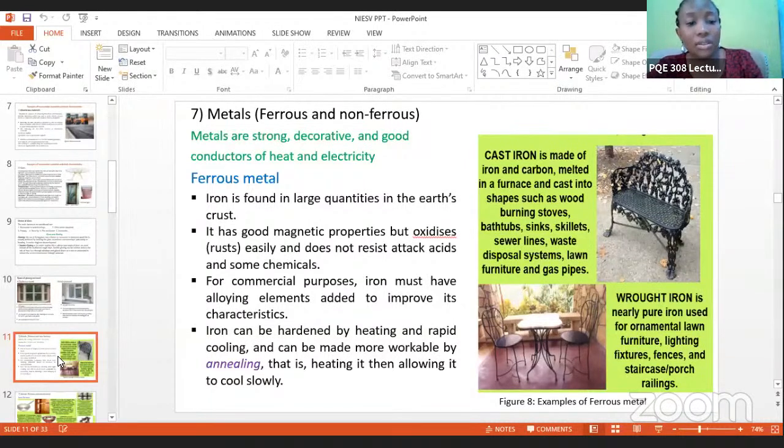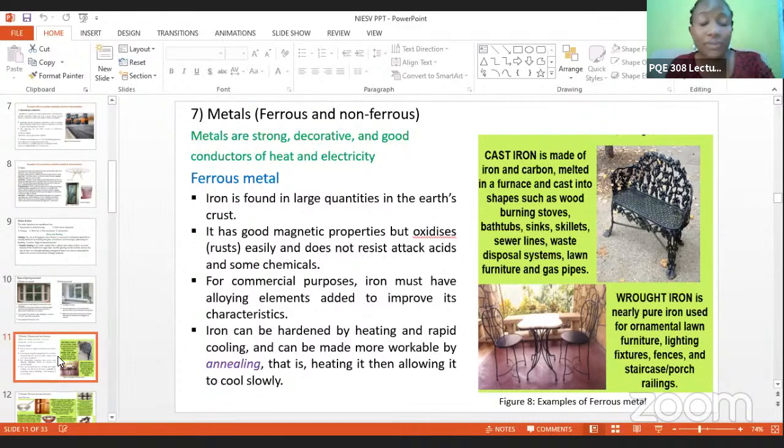And for the non-ferrous metals, the most common example that everybody knows is aluminum. But aluminum is not the only example. We have aluminum, copper, tin, lead, zinc, silver, brass, gold, bronze, and all that.